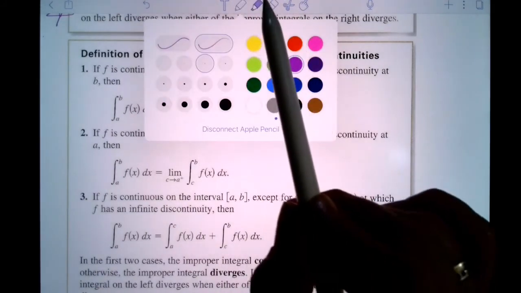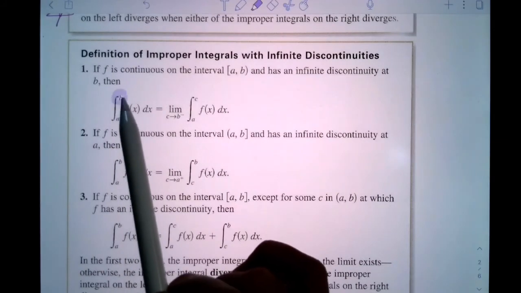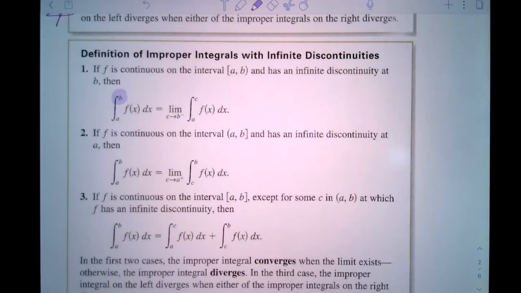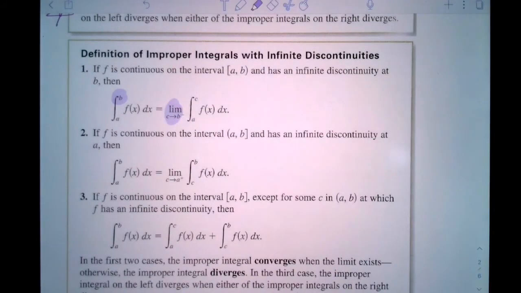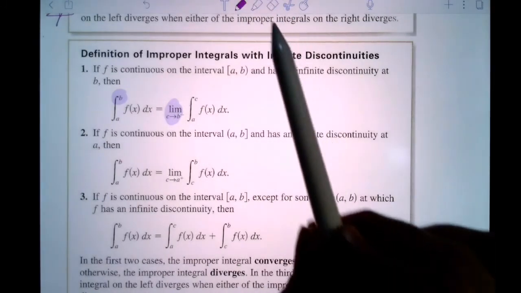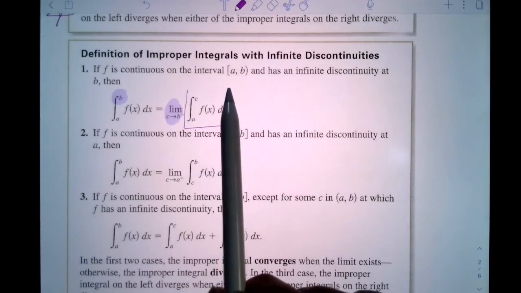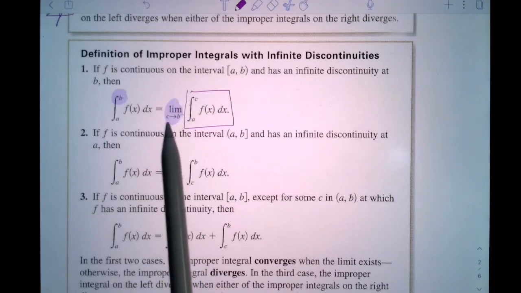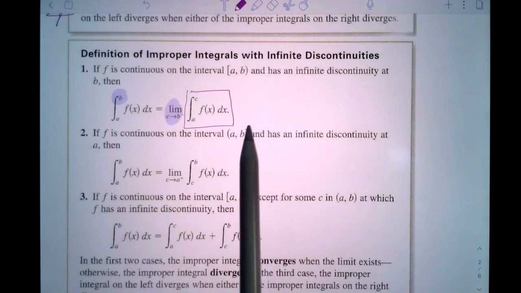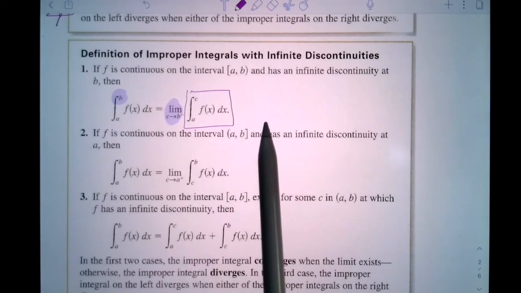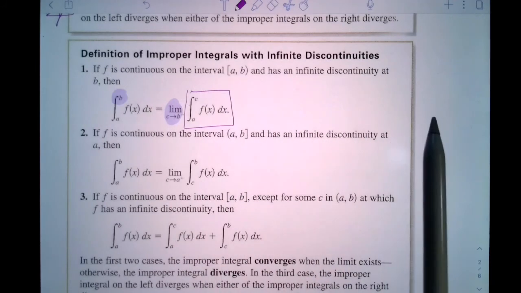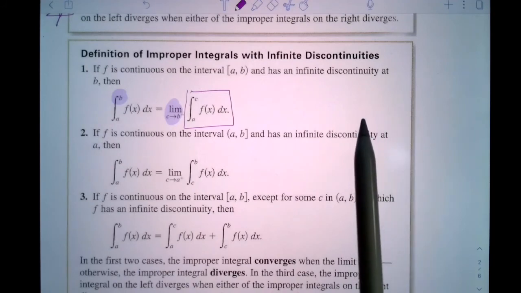If I go back in here and say, okay, there's some kind of discontinuity at b, what you need to do is throw a limit in to address the problem. Same thing, you are then going to evaluate that integral, keeping in mind that there's a limit out there. You're going to come up with the antiderivative. At the end of the day, your work turns into a limit question. If it equals a number, it converges. If it does not equal a finite fixed number, then it diverges. Okay.